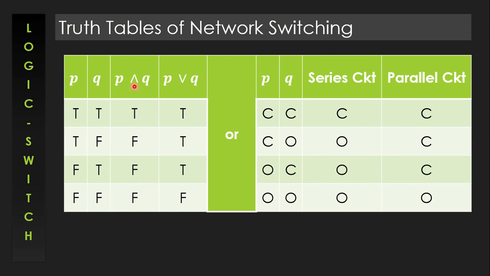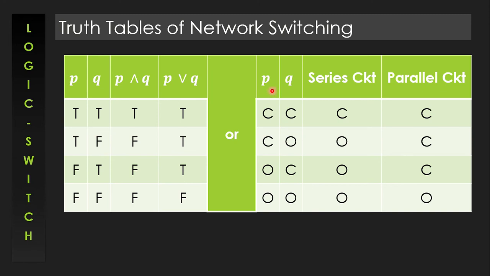We have the use of conjunction and the use of disjunction. Instead of using true or false, we will use closed or open. When we say closed, that means we allow the current to flow, so that's equivalent to true. Open, we do not allow the current to flow, so we compare it to false.